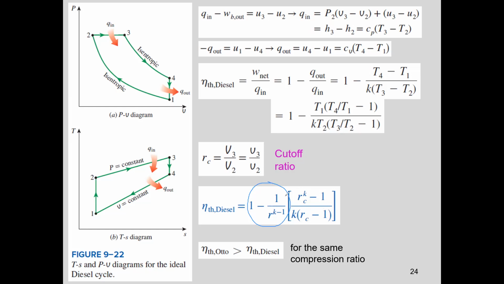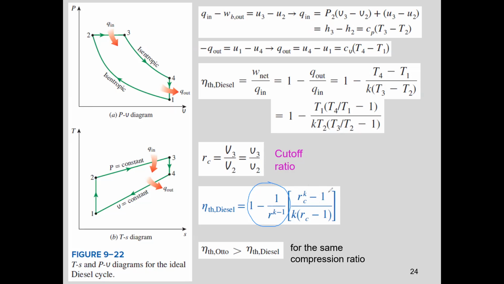Okay. So what is the effect of the term in the bracket? Because RC is always greater than 1, because V3 is always greater than V2, K is always greater than 1, okay? As a result, if you mathematically analyze the term in the bracket, you will see that the effect of this term is to decrease the thermal efficiency based on this part, which is the Otto cycle efficiency.